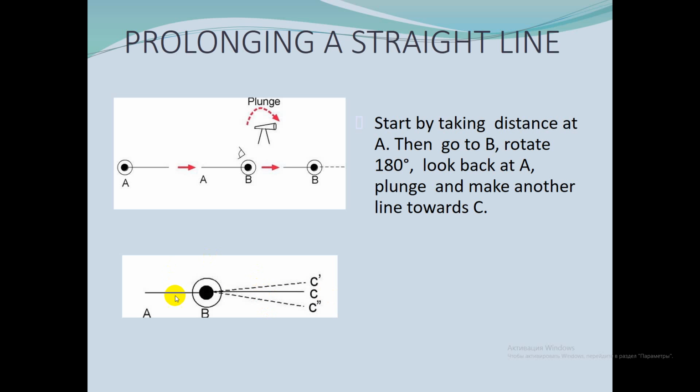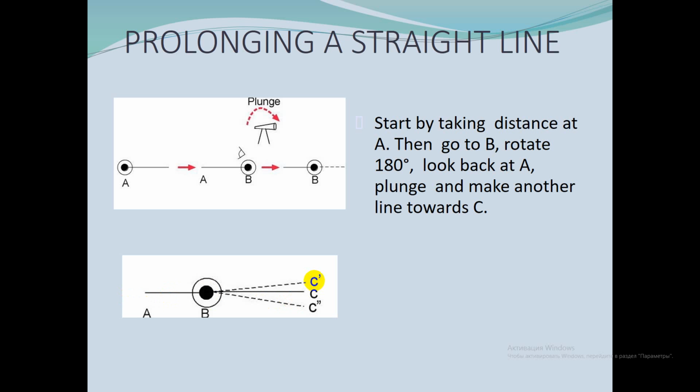So in the figure, the straight line AB is to be prolonged to C with the instrument at B. Sight is made carefully on station A. The telescope is transited and a temporary point is set at C1.